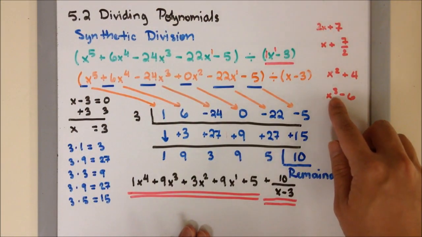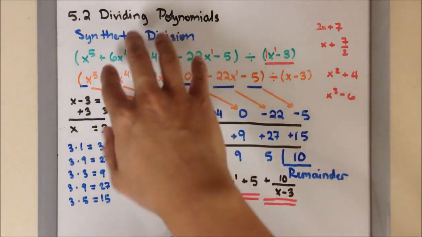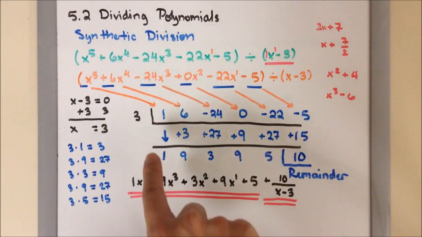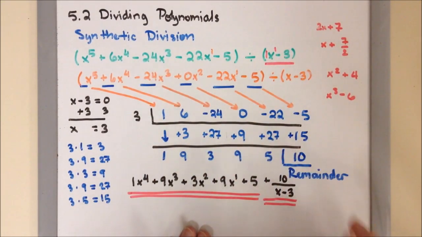Since the degree is more than 1, again, we cannot use synthetic division. It will not align with the numbers, therefore the work will mess up, and you won't get the right answer, or most likely you won't be able to finish the work.